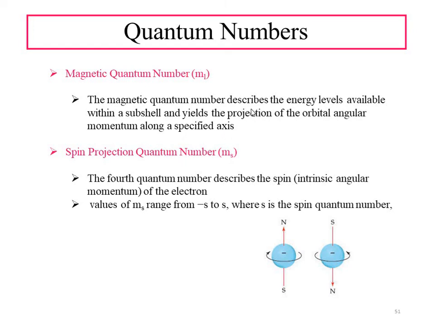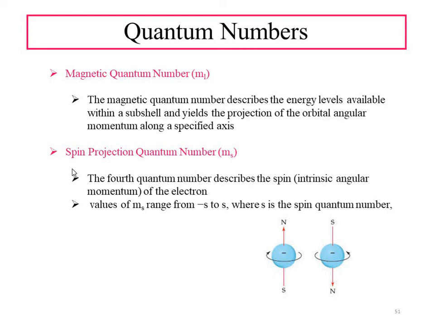Here we need to focus on this: the energy levels available within a subshell, and also the projection of the orbital angular momentum along a certain axis.